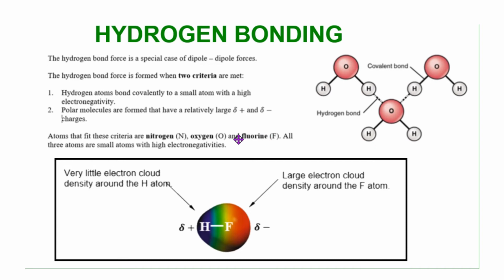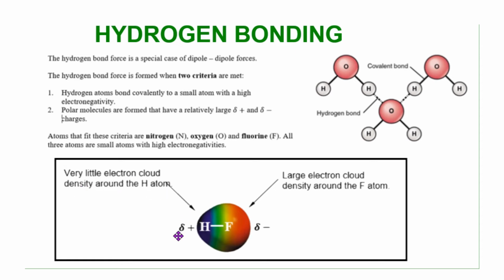And that is because the nitrogen, oxygen, and fluorine have a high electronegativity and they attract that shared pair of electrons very strongly. So if we look at HF over here, there's a large electron cloud density around the fluorine atom because there's a very unequal sharing of electrons. There's very little electron cloud density around the H atom.